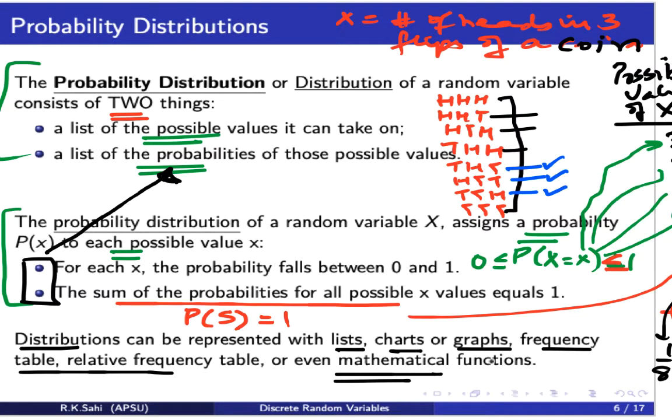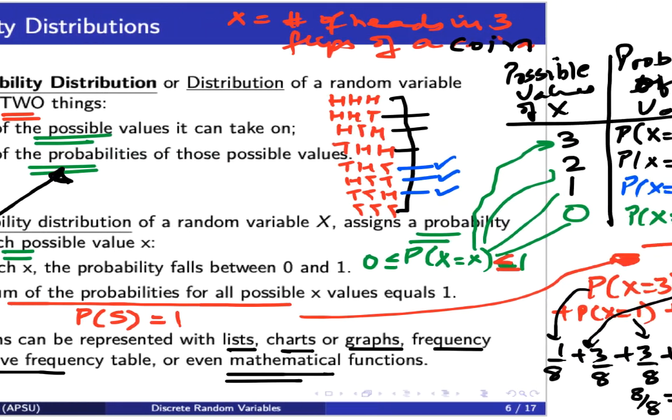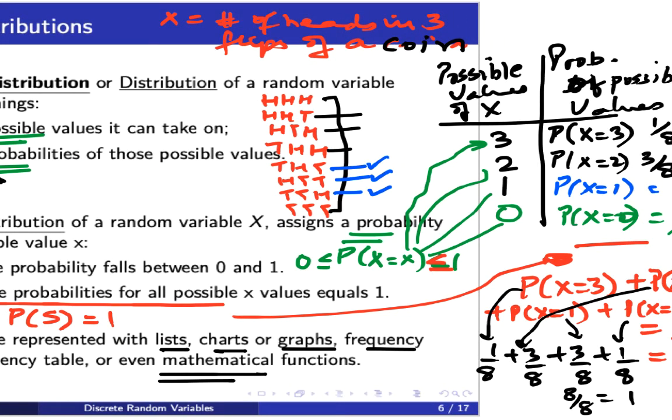Now this is what we will actually be going towards in a distribution. So remember, when I talk of a distribution of a random variable or probability distribution, I can represent that in terms of a list, or in terms of a chart or a graph, that means those histograms and stuff we have talked about. Frequency table, look at this one, guys. It's kind of looking like a frequency table to us, okay?